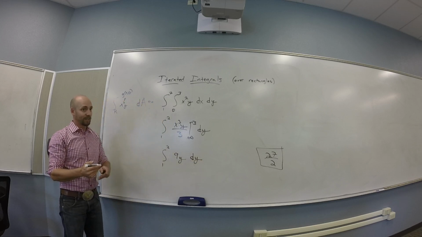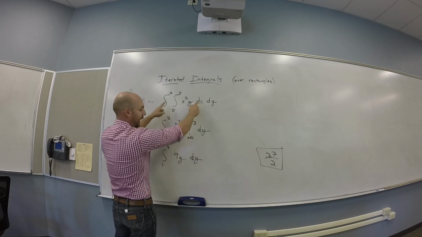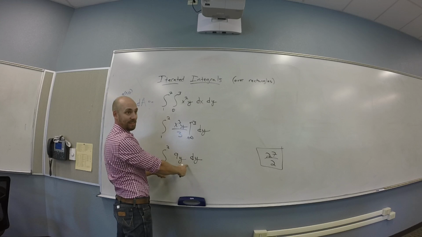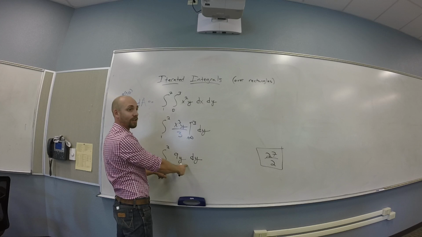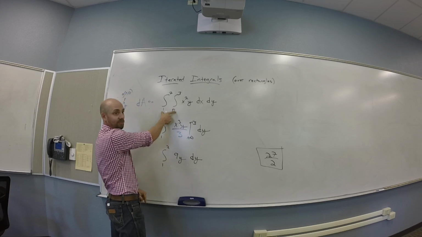One thing you can do for this is you can think to yourself, okay, I integrated dx. At the end of that step, there should be no more x's. You guys see that? That's going to be true regardless of whether you're integrating over rectangles or not. It's actually a really good check to see if you constructed these things right.